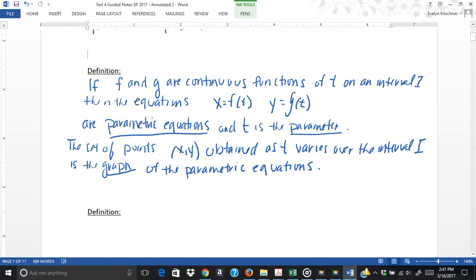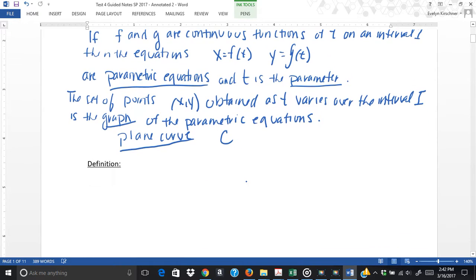Taken together, the graph and the equations are called a plane curve. And then we call that C. Okay, so now we're going to talk about the plane curve.